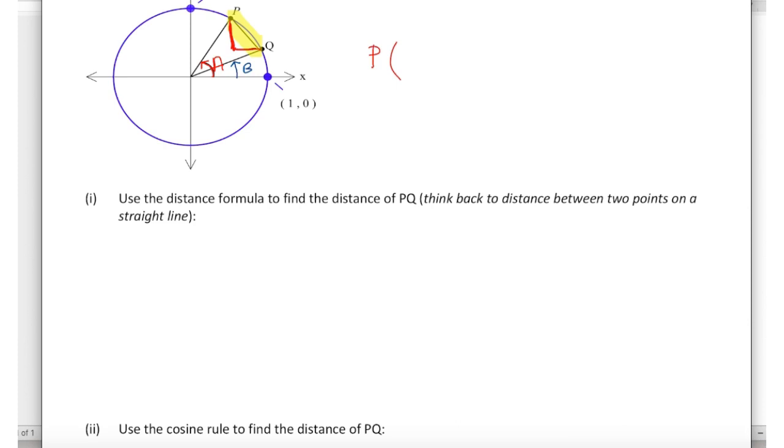Point P, in terms of trig ratios, has x value cos of angle A and y value sine of angle A. And point Q has the coordinate cos of angle B and sine of angle B.